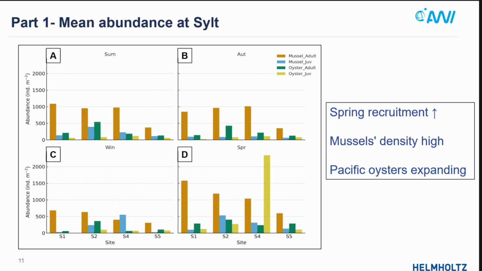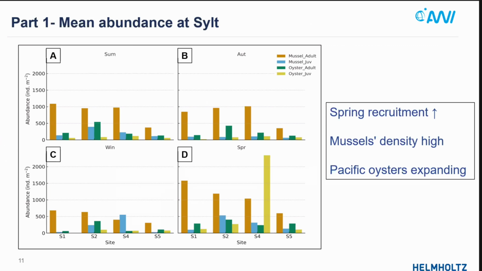Now, coming to the abundance of blue mussels and Pacific oysters at Zult, these four panels indicate four seasons of abundance of Pacific oysters and blue mussels, and we see a strong seasonality of abundance, with a strong spring recruitment in both blue mussels and Pacific oysters.